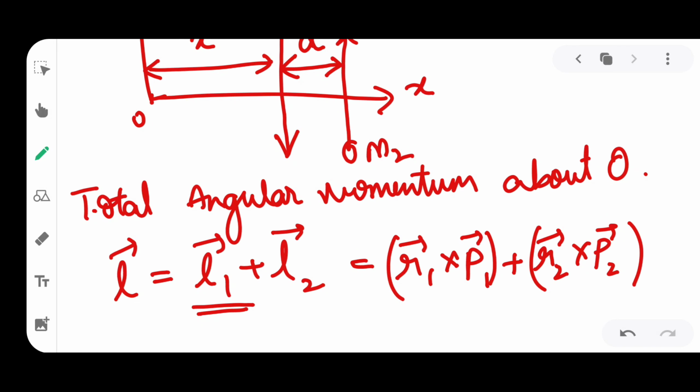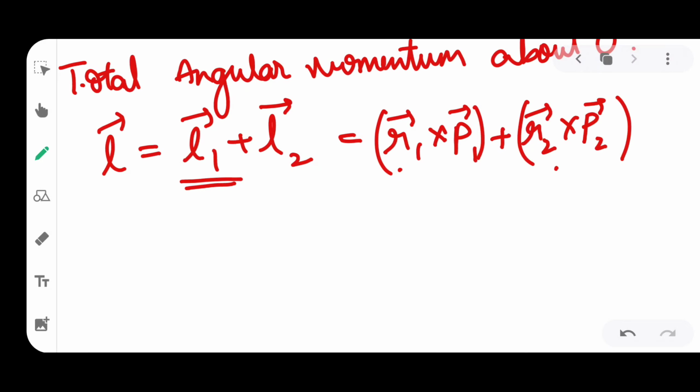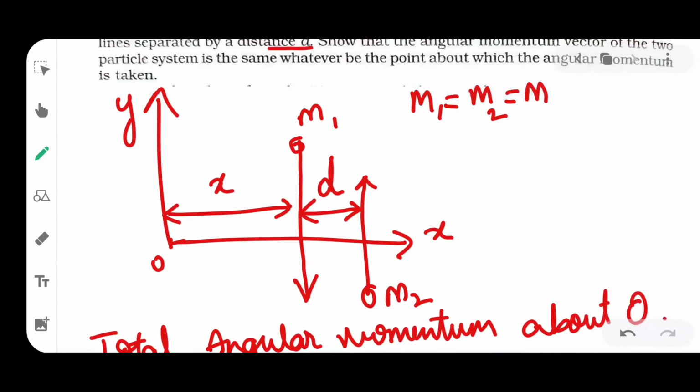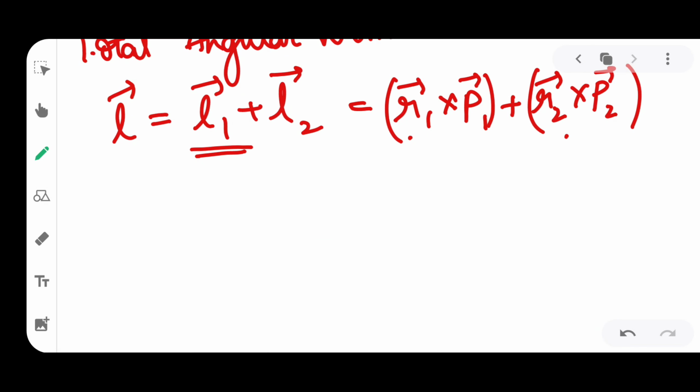What are R1 and R2? R1 and R2 are the position vectors of particles M1 and M2. The position of M1 is x distance from the origin, and the position of M2 is x plus d distance from the origin. So we will write L vector is equal to x into i cap.